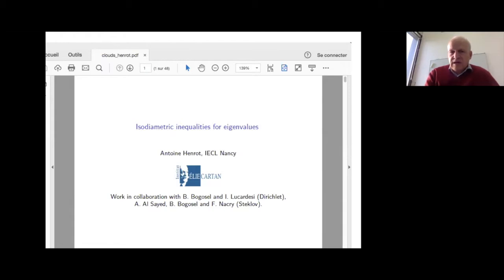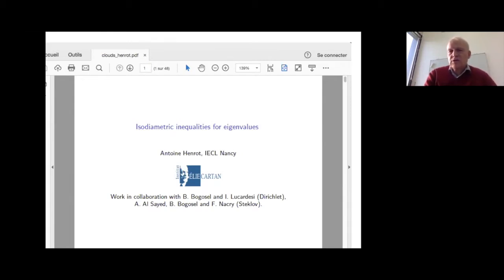For lambda k, when you look at the minimization problem with a volume constraint, it's well known that the minimizer of lambda 1 is a ball. This is the so-called Faber-Krahn inequality. It is well known also that the minimizer of lambda 2 is a union of two identical balls.